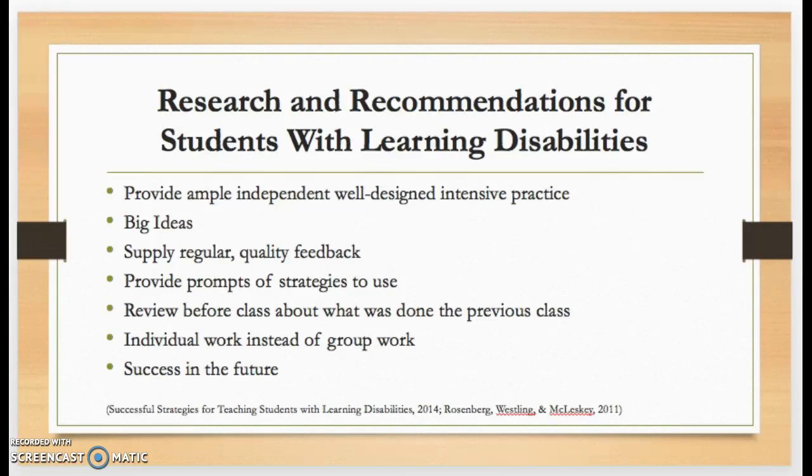Now we have individual work instead of group work. According to the Learning Disability Association, success for Scott requires a focus on individual achievement, individual progress, and individual learning. This requires specific, directed, individualized, and intensive instruction for the student who is struggling.